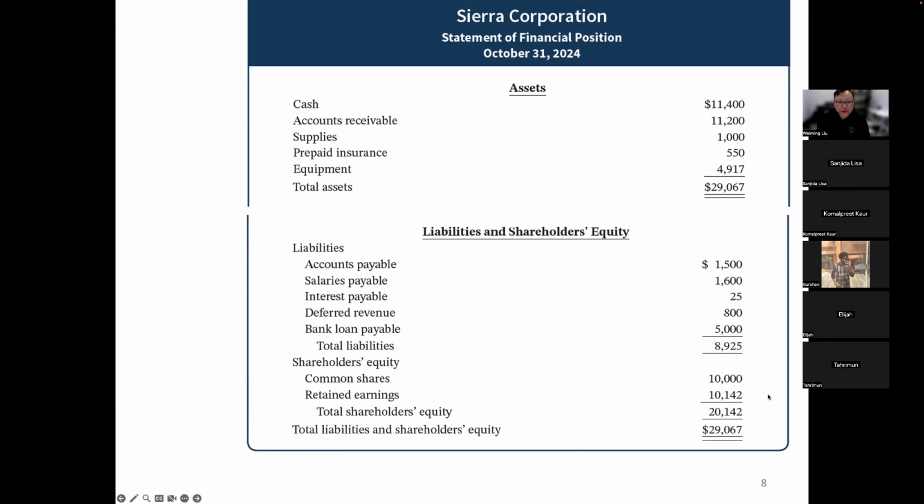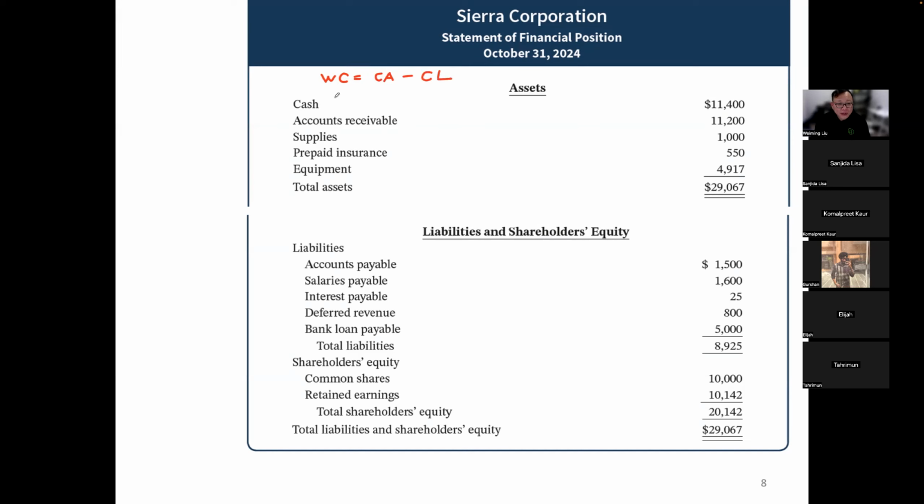Okay, so I'm gonna do this with you guys. First of all, we know that working capital equals current asset minus current liability.